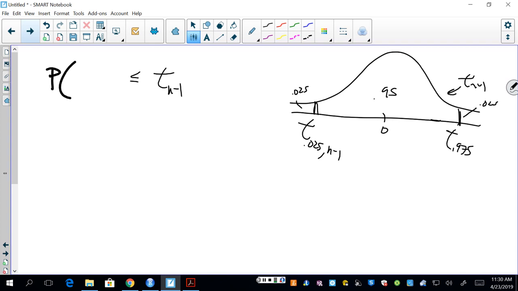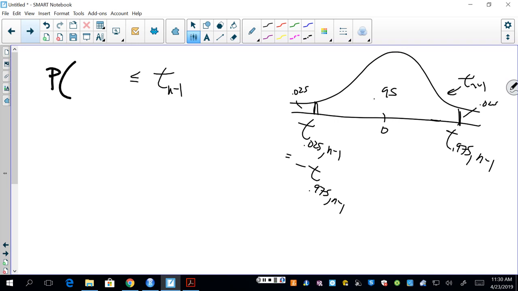I'm not using the 95th percentile, because I'm also adding in this extra little piece; it's all the way cumulative up to there, with n minus 1 degrees of freedom. It's symmetric. So the place that cuts off 2.5% there is an equal distance over here. This is actually the negative of the upper cutoff.